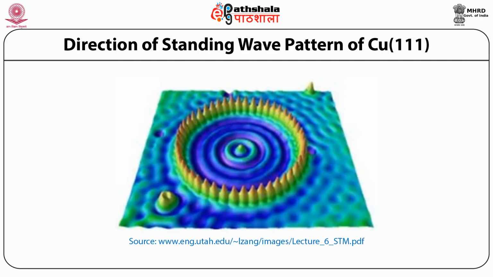Direction of standing wave pattern of copper(111). Here, the STM images show the direction of the standing wave pattern in the local density of states of the copper(111) surface. These spatial oscillations are quantum mechanical interference patterns caused by scattering of the two-dimensional electron gas off the iron atoms and point defects.